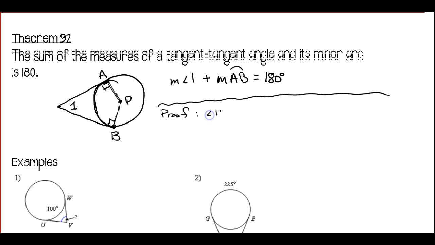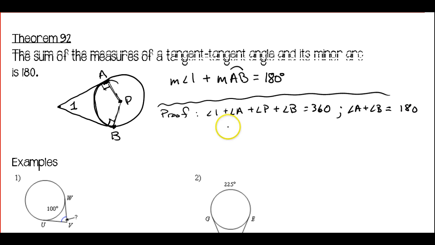So I know that angle 1 plus angle A plus angle P plus angle B is equal to 360. That's because it's a quadrilateral. And I know that angle A plus angle B is 180 because those are right angles.